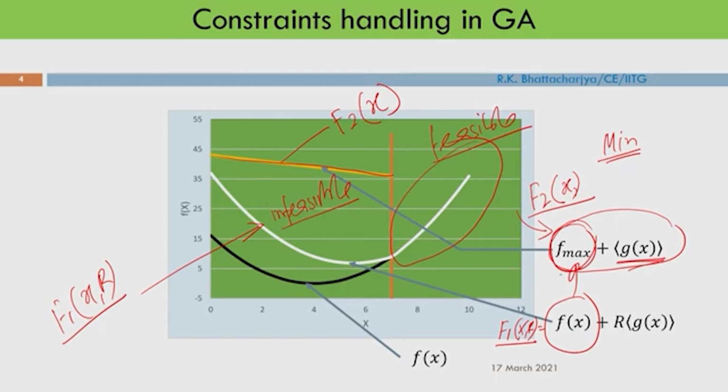So, this is a very efficient method, and there is no penalty parameter. You need not define any parameter here. If there is a competition between two infeasible solutions, the solution having lesser constraint violation will be selected, and if there is a competition between two feasible solutions, the solution with minimum function value will be selected.